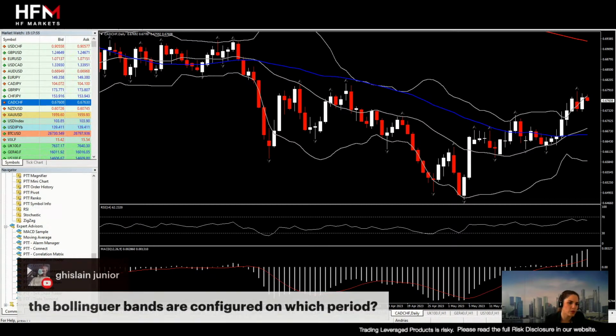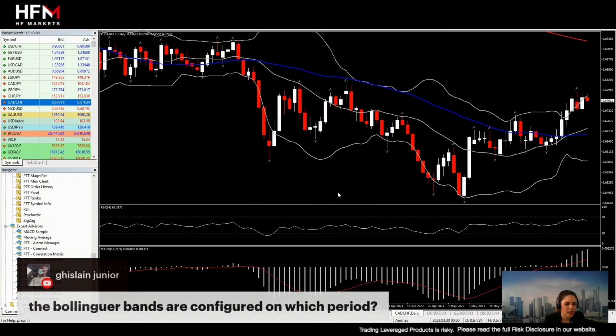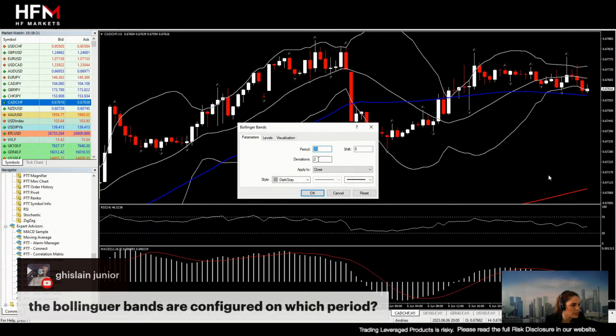I have it by default, to be honest. I have it in all my time frames with the default settings, which means a 20 period, two standard deviation. In most of the assets I have the default settings, but it depends on your style. If you're using it for an hour chart, for example, you might consider adjusting it.